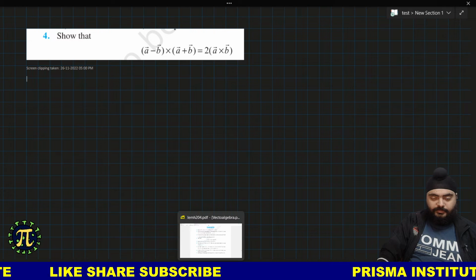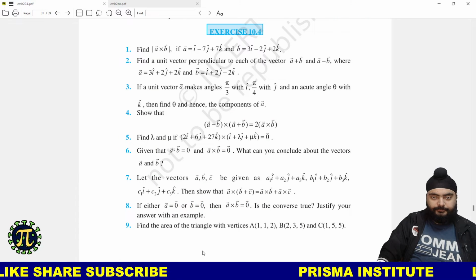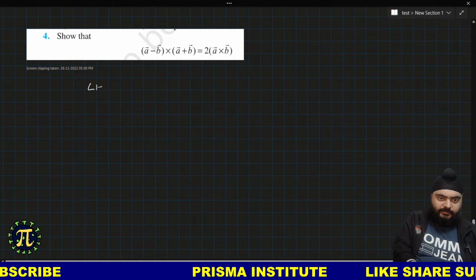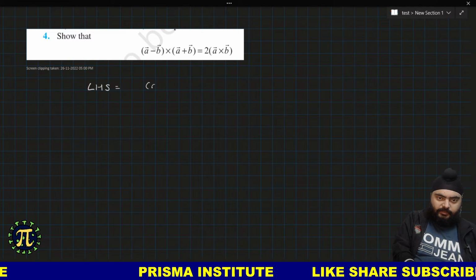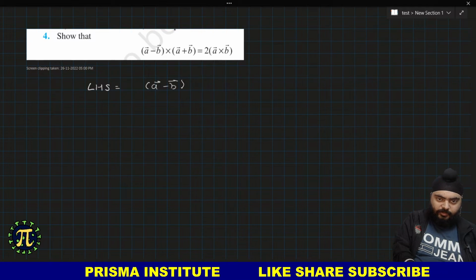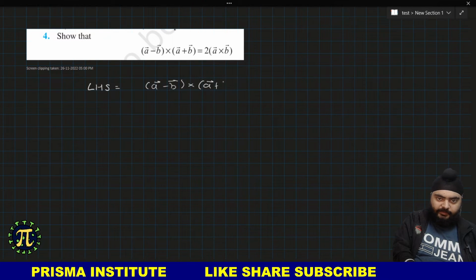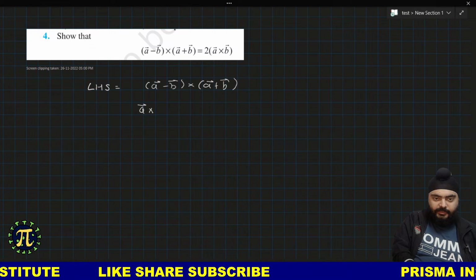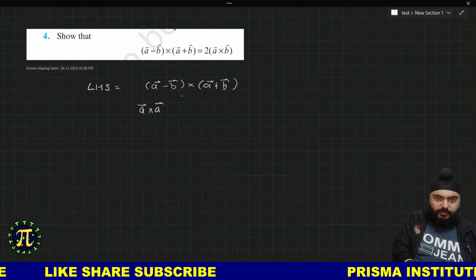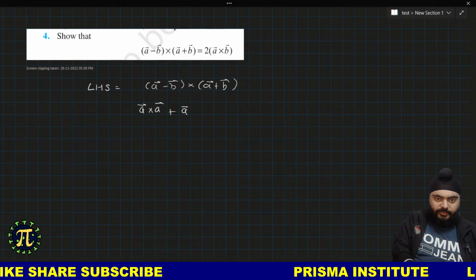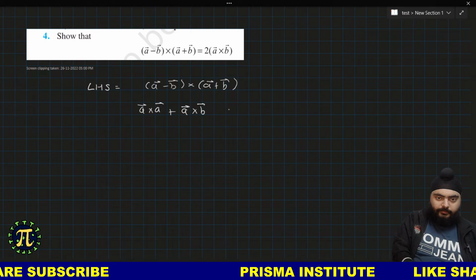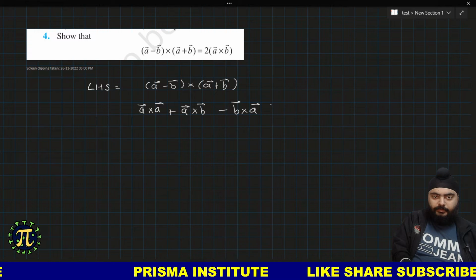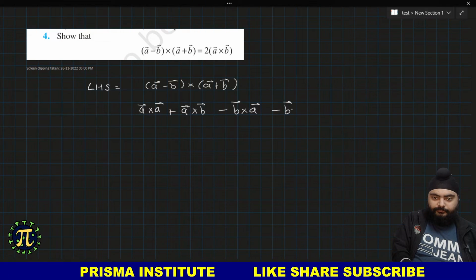So which is a weird result, but let's see. So let's start with LHS. LHS is a minus b cross product with a plus b vector. So we will multiply these and we will get 4 parts. First will be a cross a, then plus a cross b, minus b cross a, and minus b cross b.